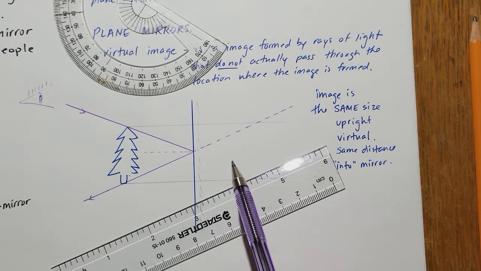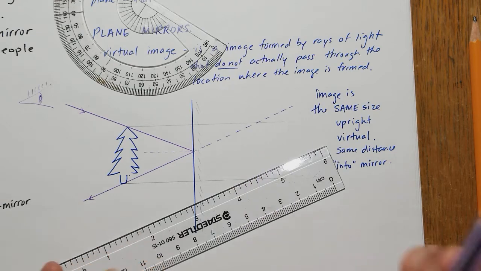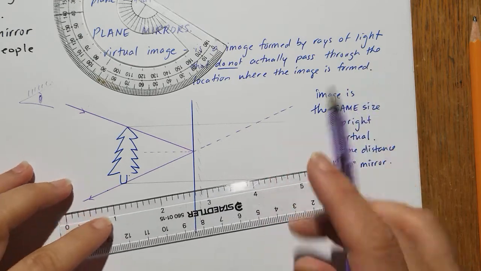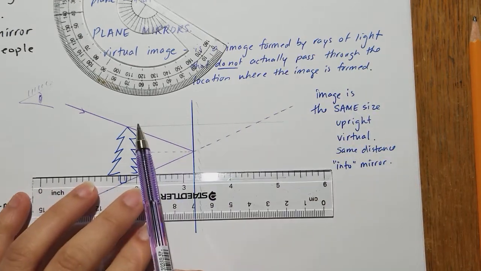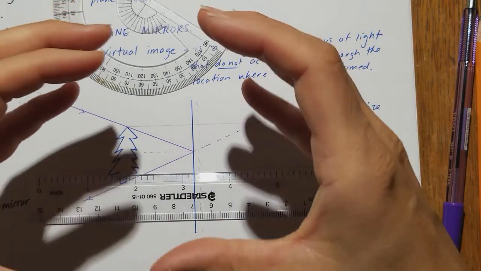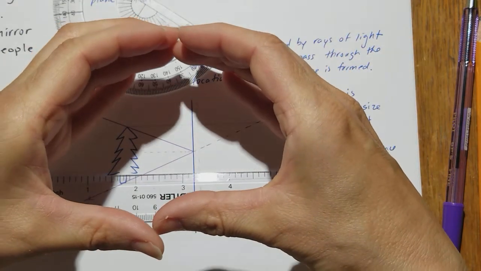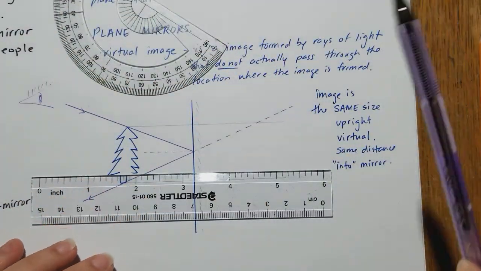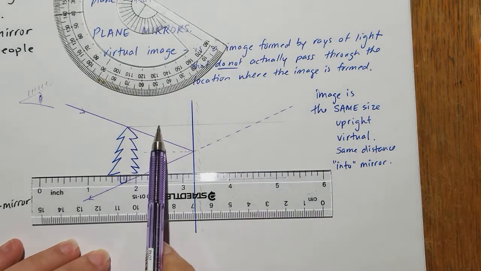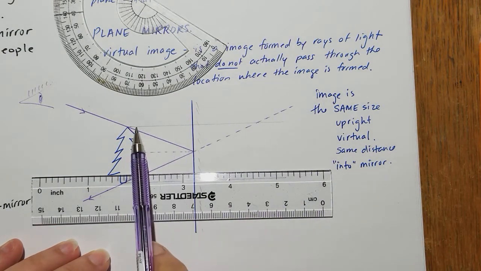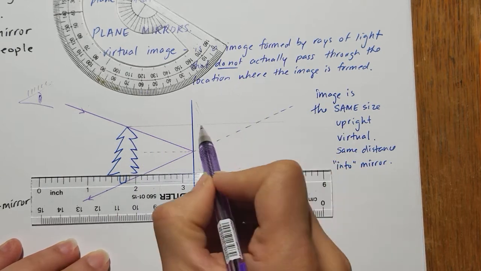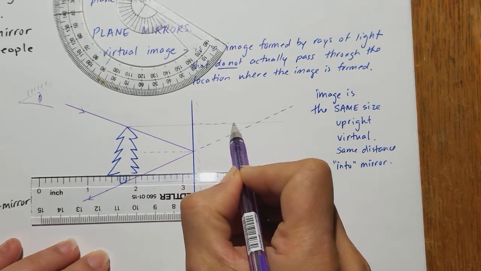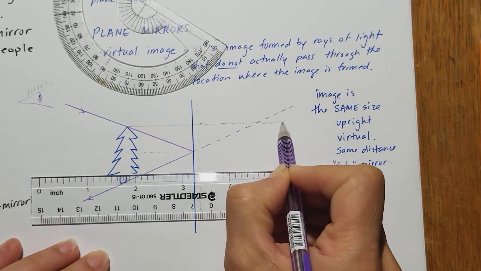I can do this again, but I'm just going to show you something interesting. If you had a ball and you bounced it straight down, it would come straight up. So if a ray of light goes along the normal, it will go there and back. This line right here is also one of these virtual rays.